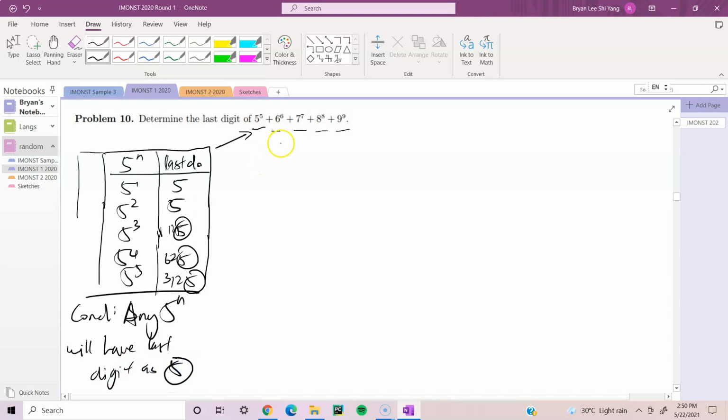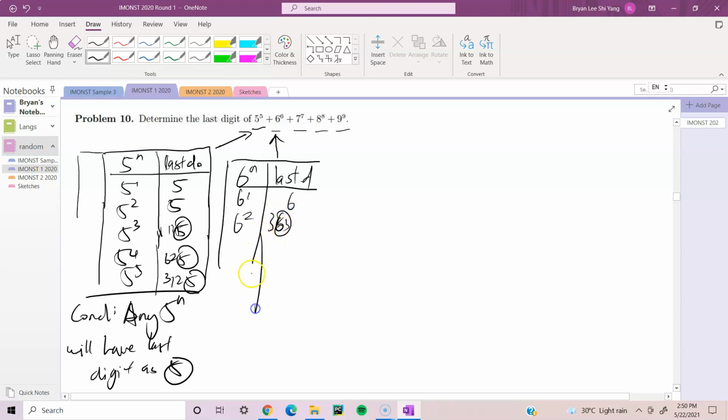Okay, now let's look at the sixth one. So we will have 6 to the power of n, and then the last digit. 6 to the power of 1 is just 6, 6 squared is 36, so it's still 6. 6 to the power of 3 is 216, still 6. 6 to the power of 4, 1296, still 6.